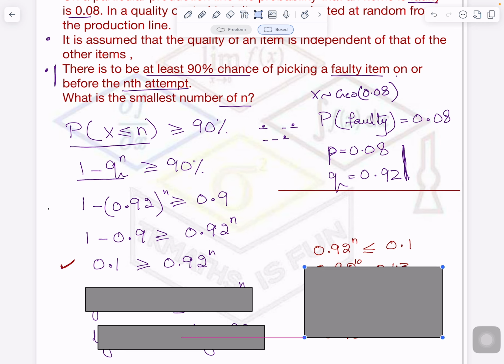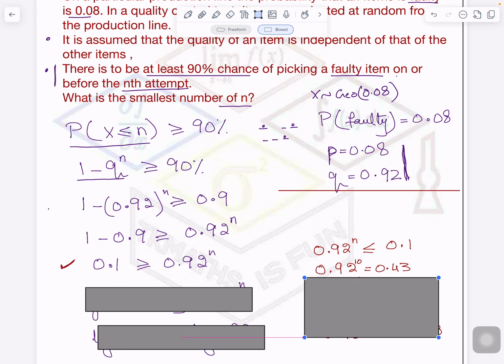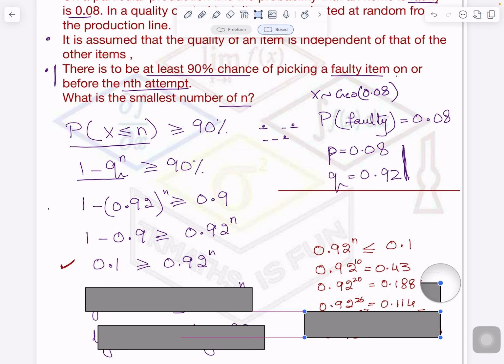See here. This is what you have to prove, right? That 0.92 to the power n is less than or equal to 0.1. So I will substitute the value of n one by one. Suppose I substituted 10. I got the answer 0.43, which is not less than 0.1. So I will increase the power, right? Now if I increase to 20, it is 0.188, 26, 0.114.